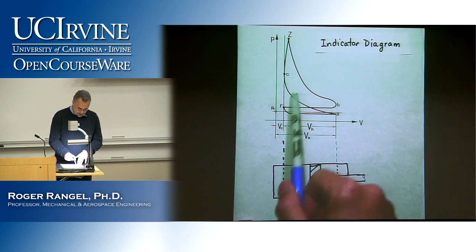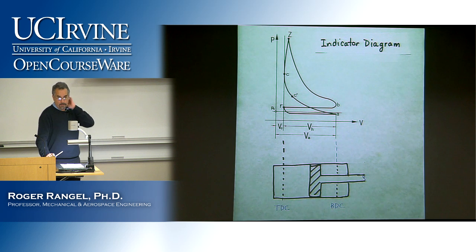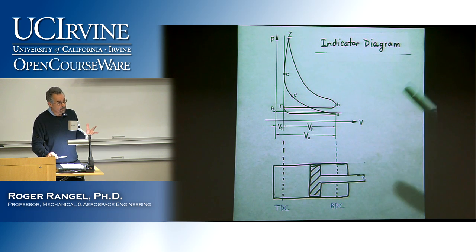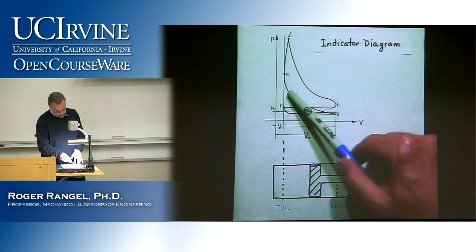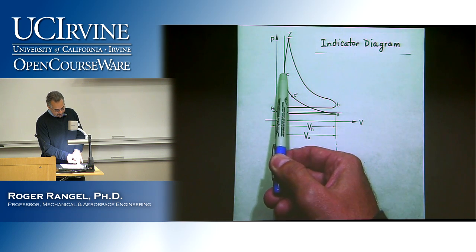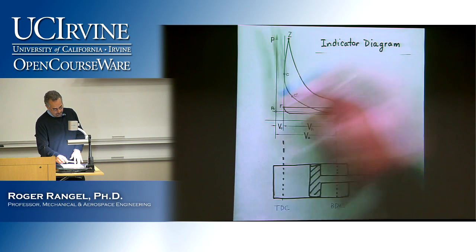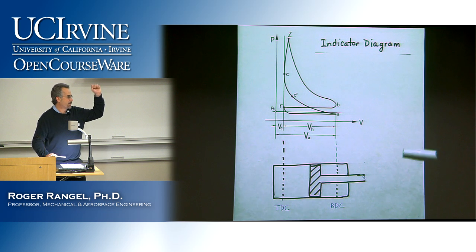Then at some point, maybe what is denoted here by C prime, the spark comes off and ignites the mixture. The pressure continues to rise while the volume continues to decrease. We reach top dead center, and still the pressure continues to go up, and then we reach a point Z where the pressure is the maximum.